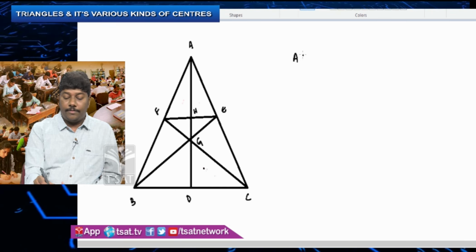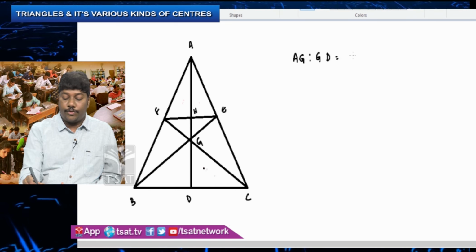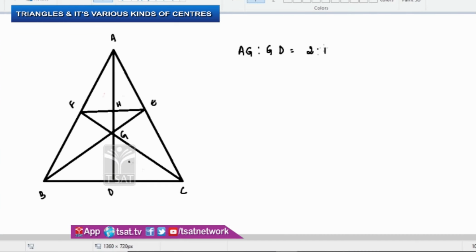We know AG to GD is 2:1, and we also know AH to HD is 1:1. Because EF is the line joining the midpoints, AF to BF is 1:1, and in a similar fashion AE to EC is also 1:1. Therefore, AH to HD is also 1:1.